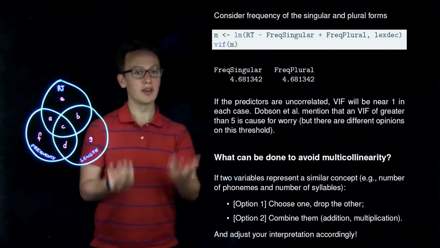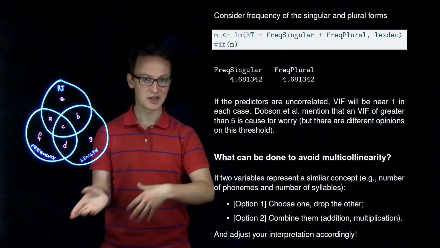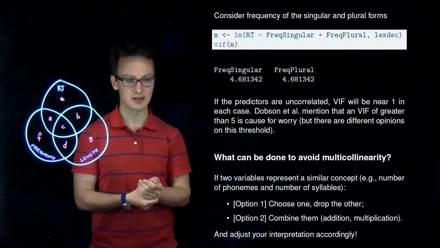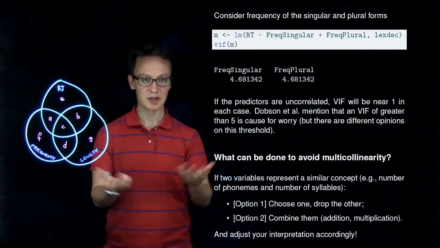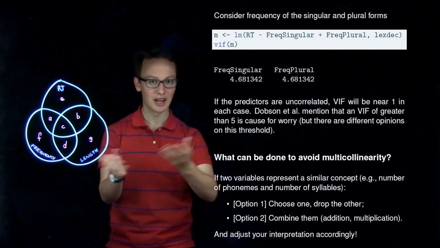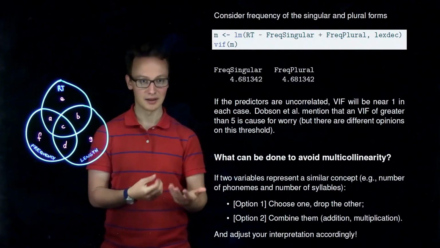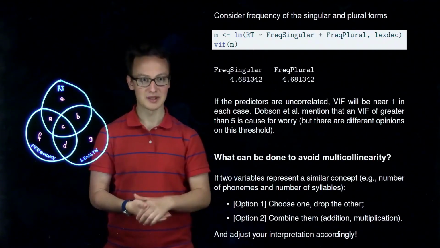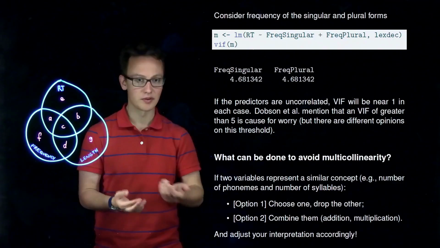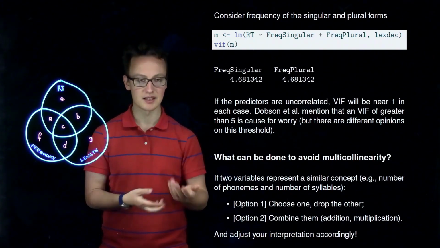But obviously then you have to be careful, because then this is not anymore either frequency or family size, but something else entirely. So you would have to adjust your interpretation accordingly and maybe give this new variable some name. So maybe you can call it some metric that you give your name or something, and then say that's my predictor. But you wouldn't really talk about just the effect of frequency or just the effect of family size anymore. So these are two things you could do if you see that indeed there is too much correlation between predictors to still get sensible estimates.